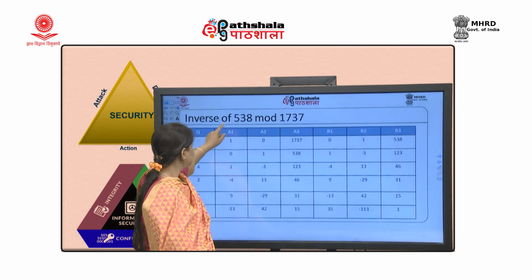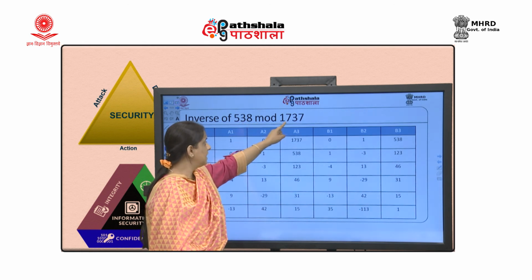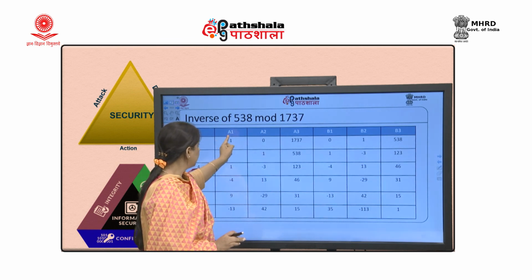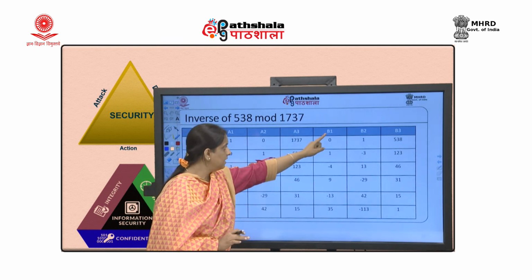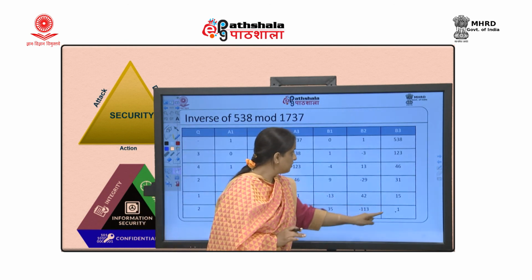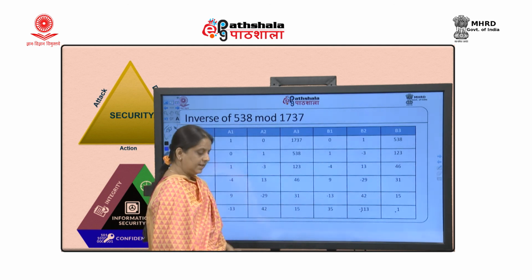This is an exercise which I am leaving for you: 538 mod 1737. According to the algorithm, you can compute Q, A1, A2, A3, B1, B2, B3. I have given a sample for you. When B3 becomes 1, B2 is the multiplicative inverse of 538.